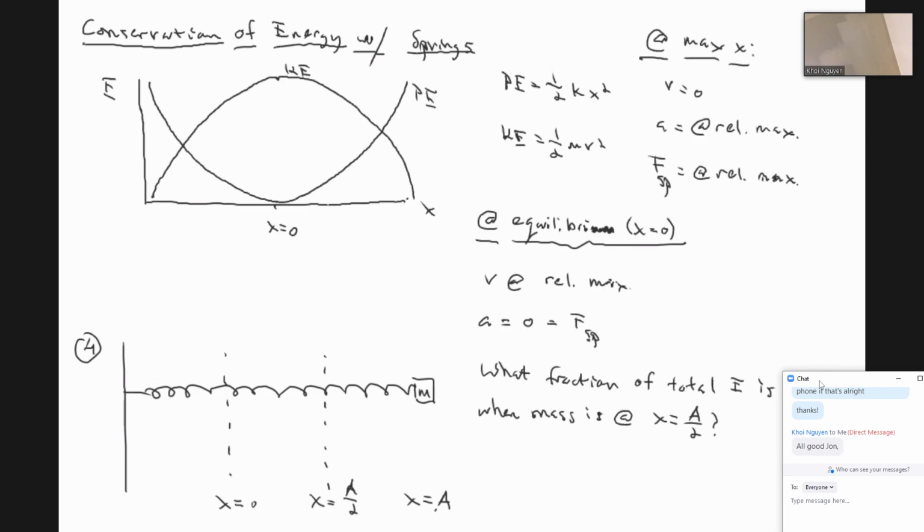So what fraction of total energy is in the kinetic energy when the mass is at x is equal to A over 2? Equilibrium is when x is equal to 0.